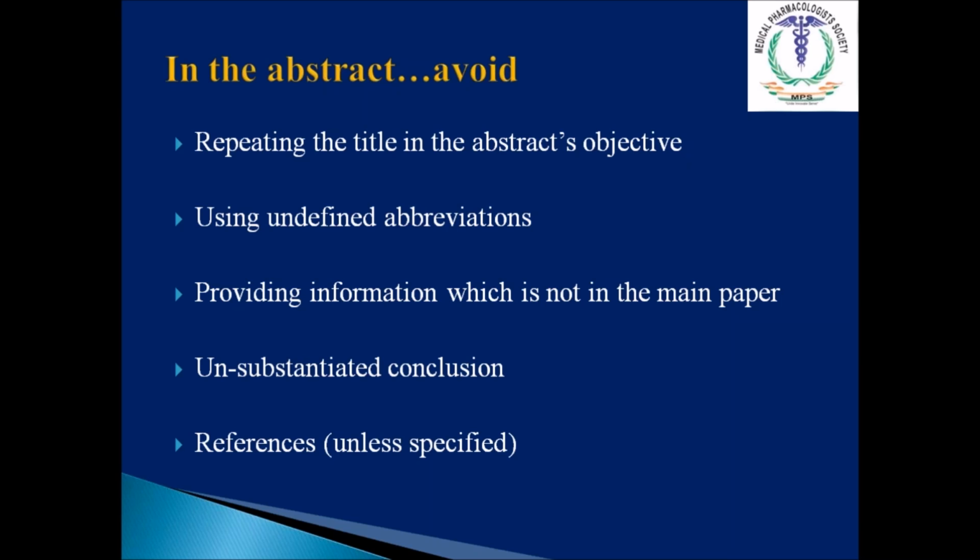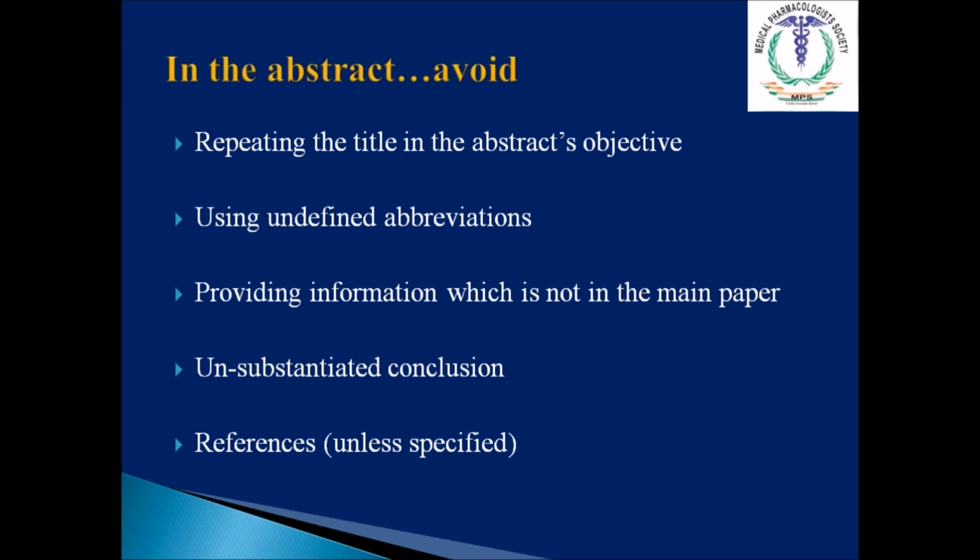Unnecessarily we are wasting words, because the abstract is a very short space, 250 words, and if you use 15 words on what you have already said in the title, it becomes repetition. So try to avoid repetition of the title in the abstract's objective. Try to give as much different information as possible so that the reader gets a broader idea of your paper.